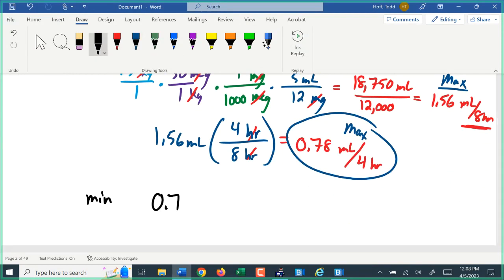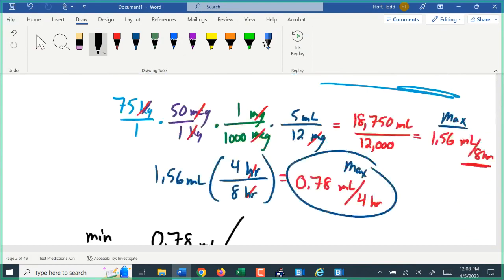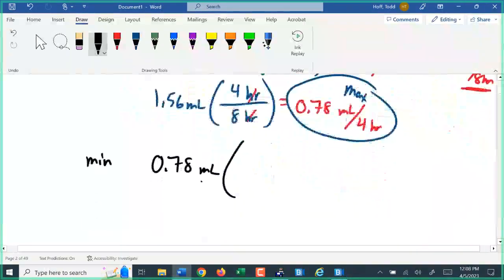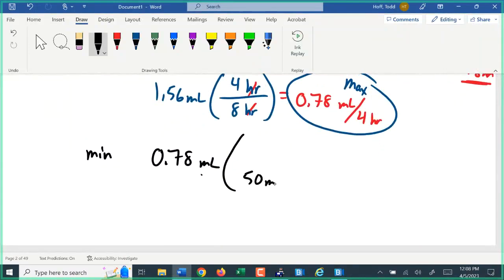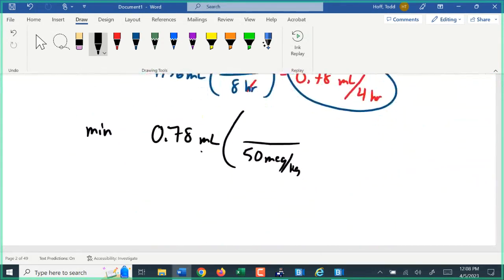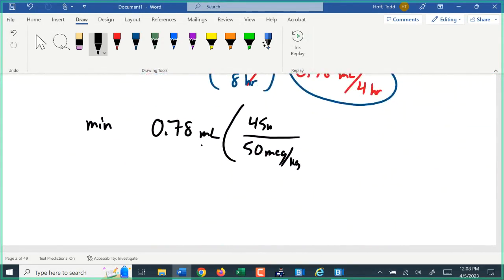We'll take 0.78 milliliters. And that was based off of 50 micrograms per kilogram. And I want to adjust it to be based off of the minimum, which was 45 micrograms per kilogram. So once again, these units are the same, so they cancel out.